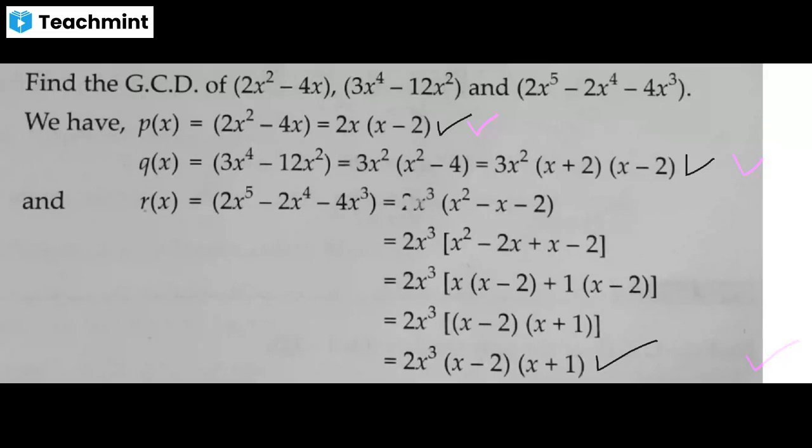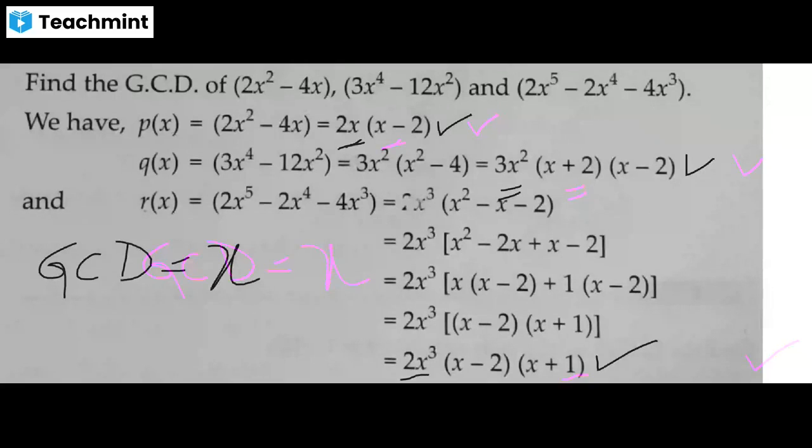Do you see here one x? Here it is x square, so at least one x is common. Here also x cube. That means in all the three, one x is common. So in GCD, first of all, x is common in all three polynomials.